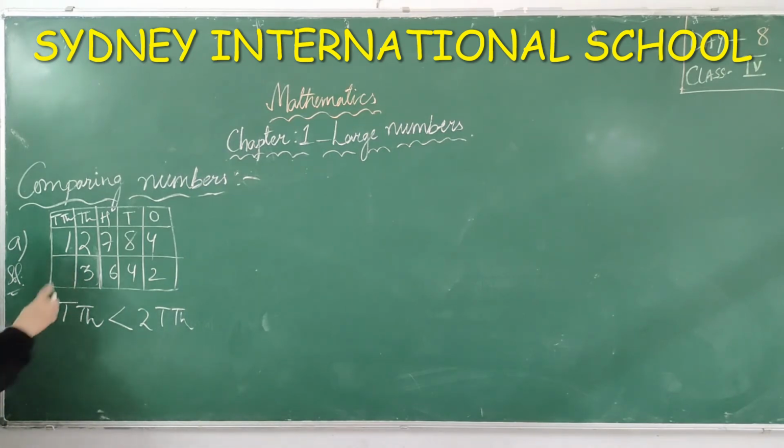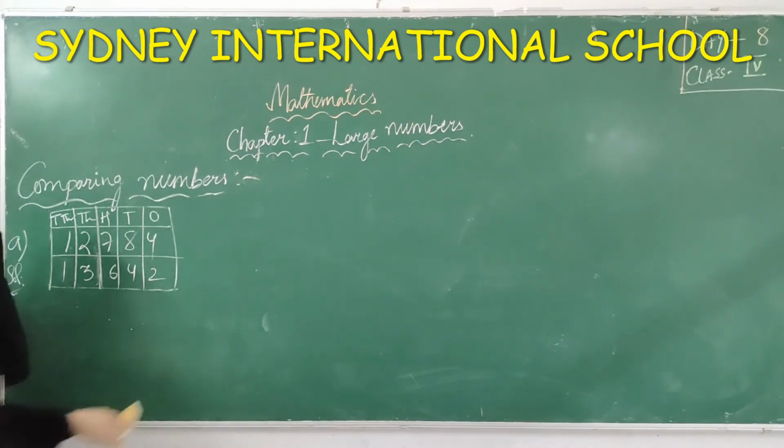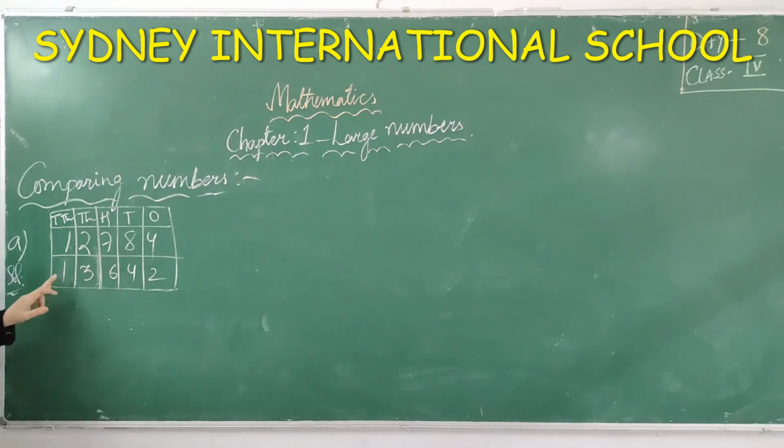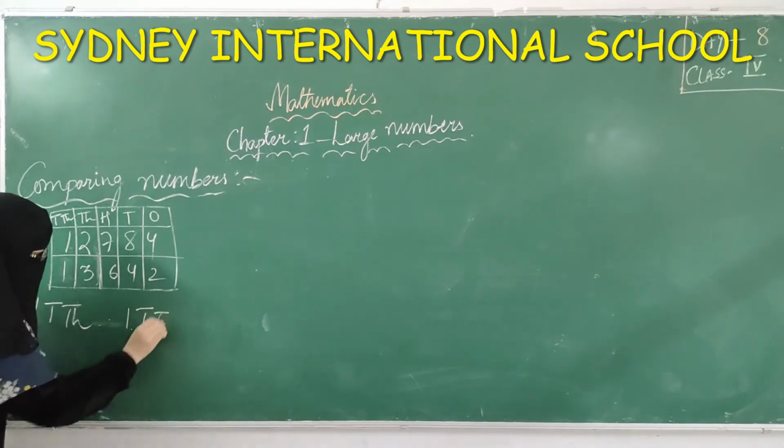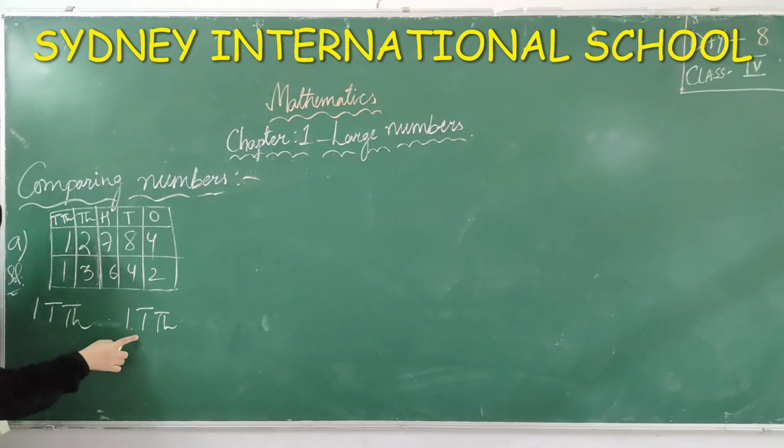Let's see. I change the numbers. So this is 12,784. This is 13,642. 1 is at which position? Ten thousands. Next one is also ten thousands. Now both are equal, both are same, so we put the equal to sign.